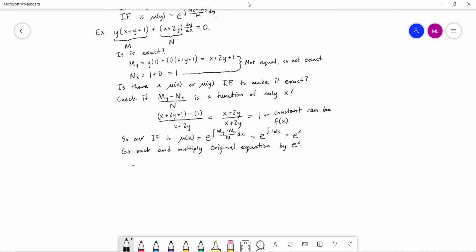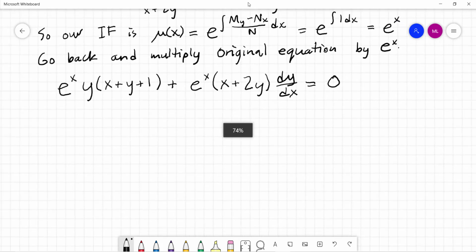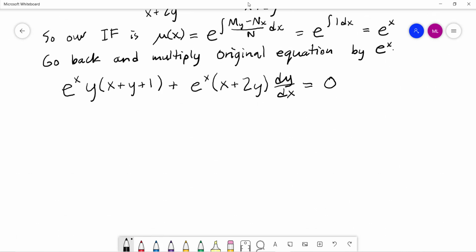So we're going to get e to the x times y times x plus y plus 1, plus e to the x times x plus 2y, dy dx equals 0. So here is our new equation. It's the same as the original equation. We've just multiplied by e to the x, which is totally fine.